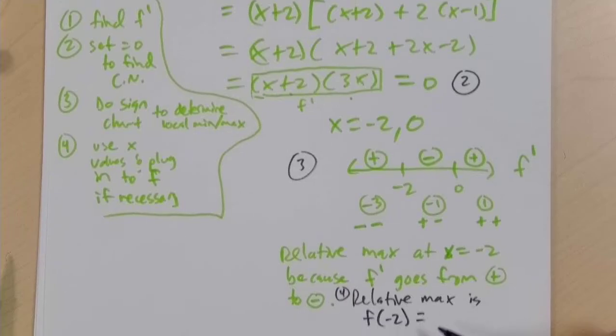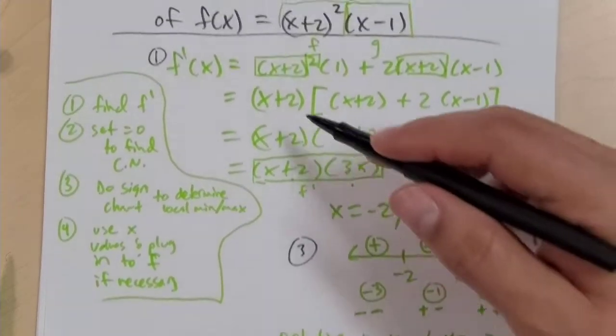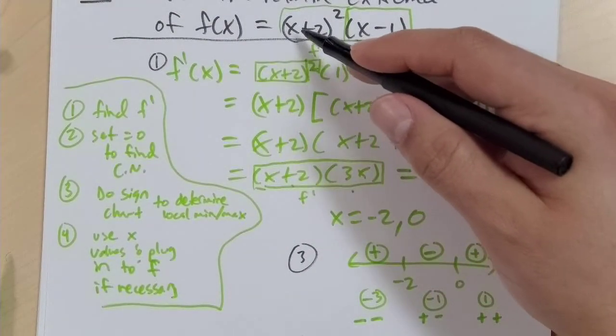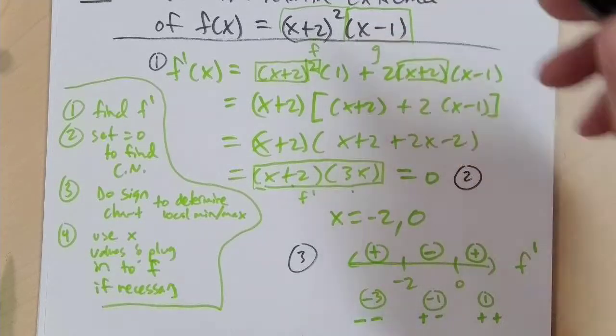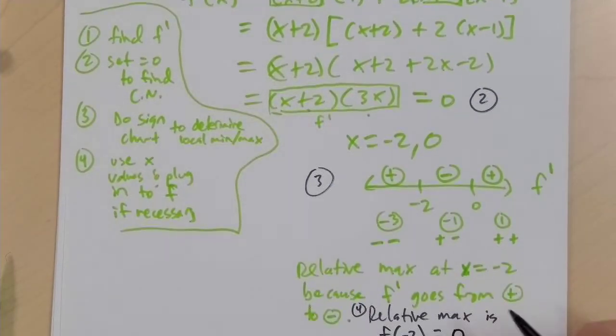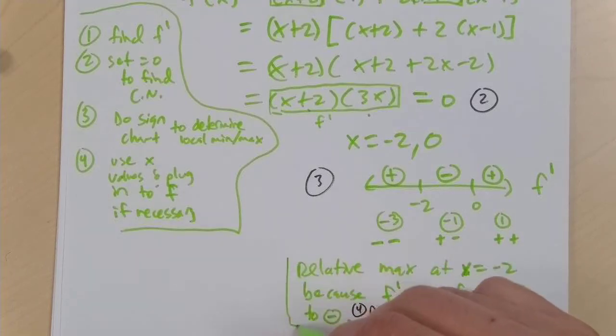So if you plug -2 into the original function, you can see -2 plus 2 is going to be 0. So 0 times everything else will be 0. Okay, so the relative max is 0. This is your work for it. But this is ultimately what we're writing.